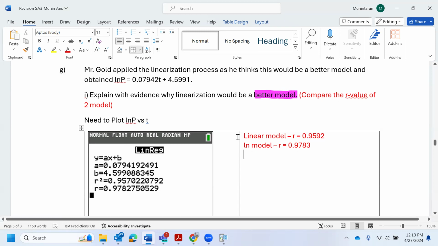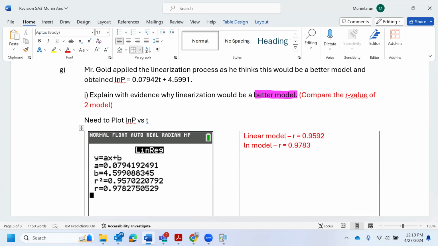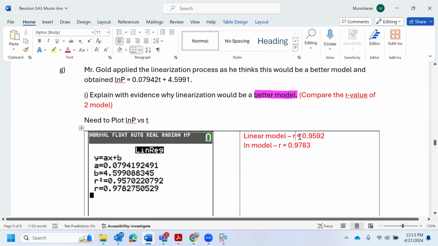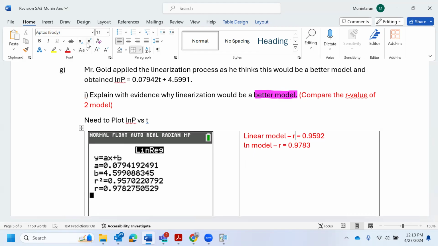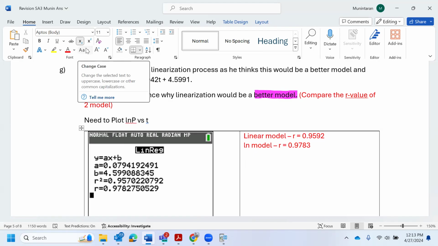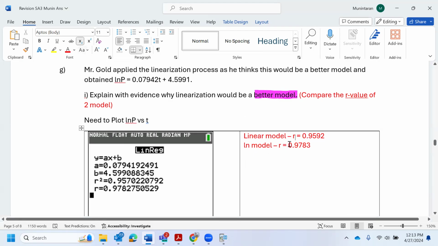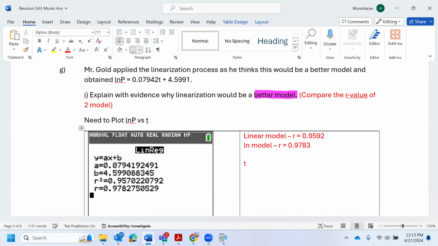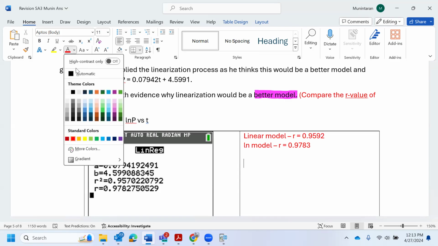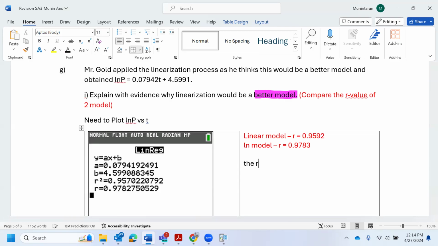Okay, you can say the R value of the exponential model is much closer, because both are actually close to 1, all right?